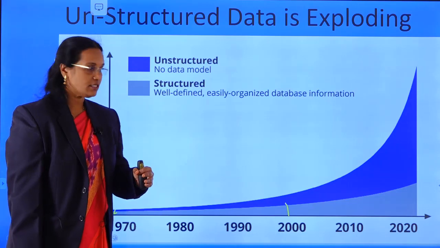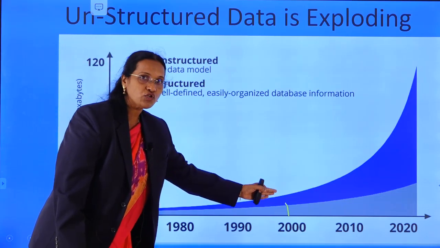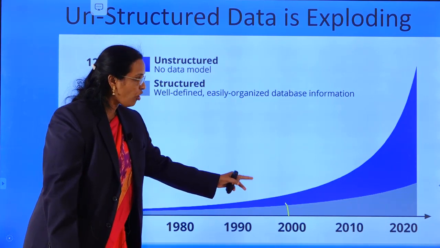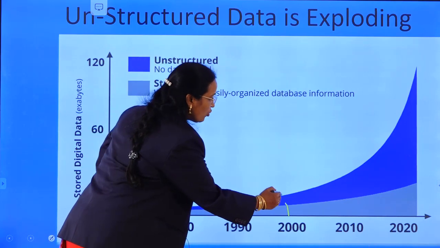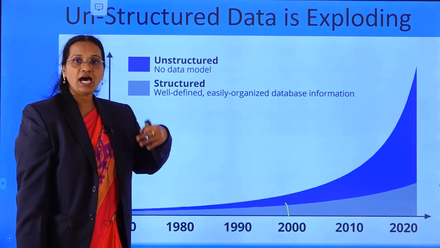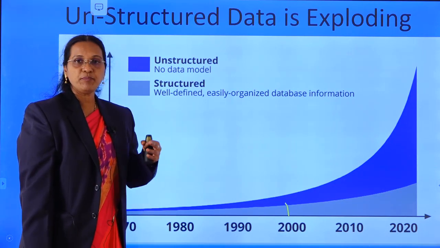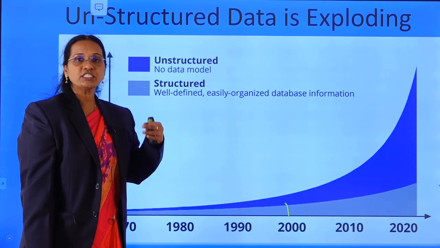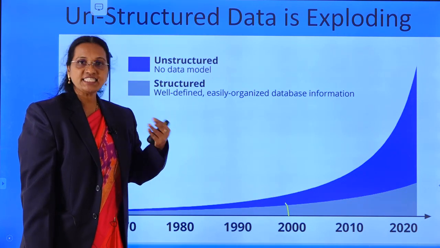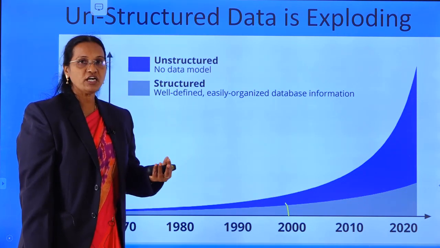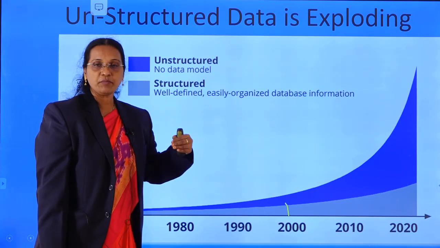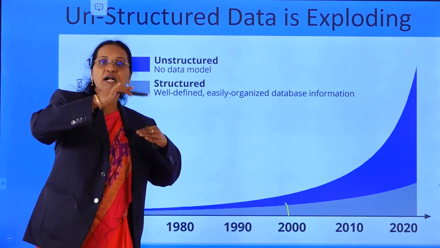Because of those reasons, the generation of unstructured data was very slow up to 2000. But from 2000 onwards, there is a drastic change in the growth of unstructured data. The reason is the large growth of social media. People started using Facebook, Twitter, smartphones, and a lot of sensor data has been generated. So, because of that, from 2000 onwards, there is a large growth of unstructured data.